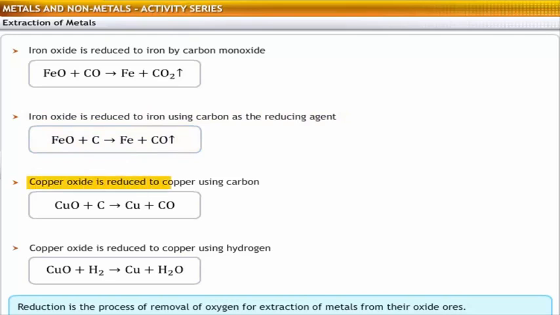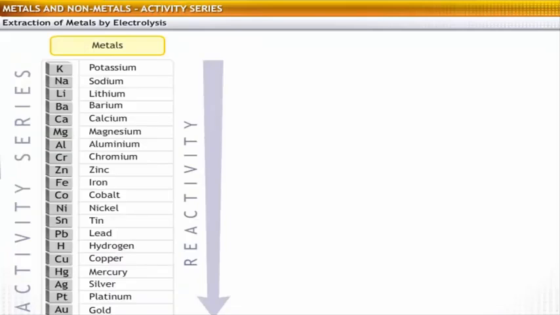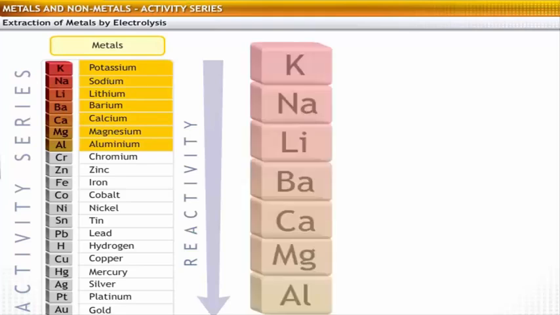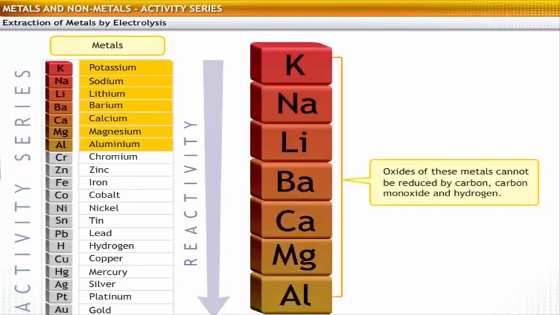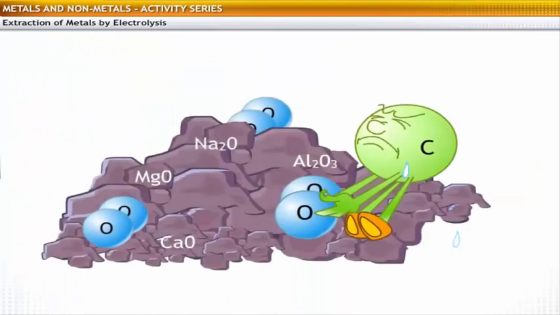Similarly, copper oxide is reduced to copper using carbon. Copper oxide is reduced to copper using hydrogen. The metals high up in the activity series are very reactive. Hence, they cannot be obtained from their compounds by heating with common reducing agents like carbon, carbon monoxide, and hydrogen.